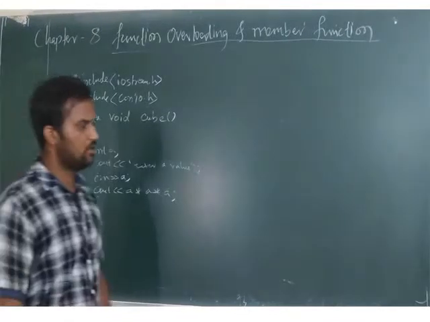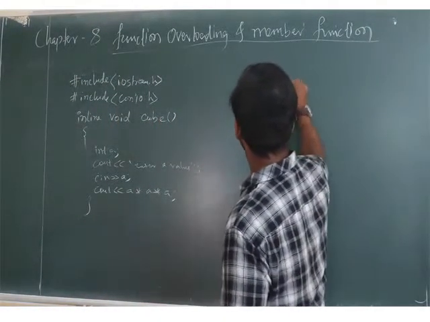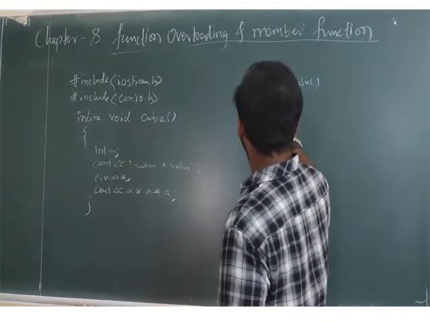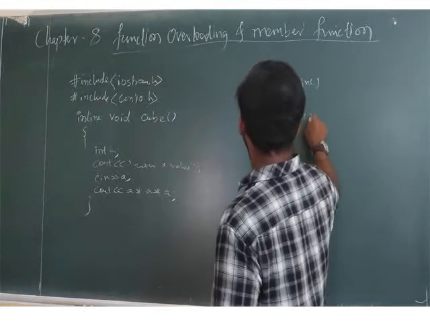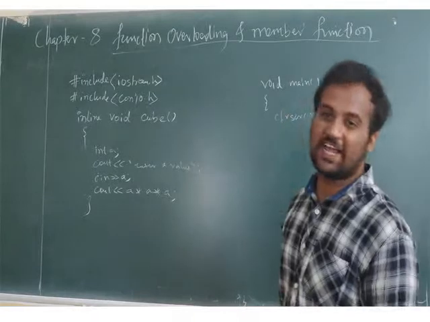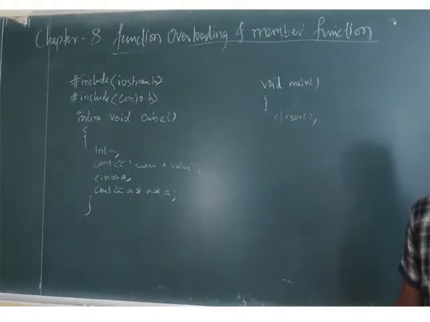Over. Now next we write void main. Now how to call this function without using objects? See, we are not using a class, so there is no need of using an object also. So how to call this?